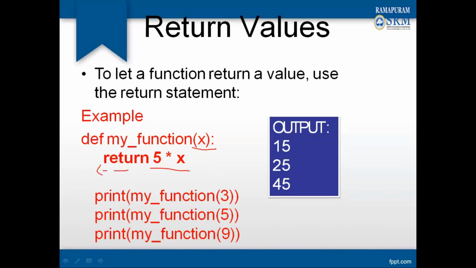The function call is replaced with the returned value of the function call. My function is 3, so 3 will come here. 5 3s are 15. 15 will be written, and finally these statements have changed into print of 15. So print of 15 means 15 will be printed on your output screen.